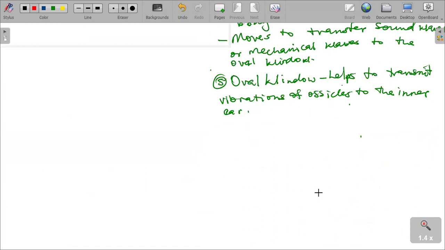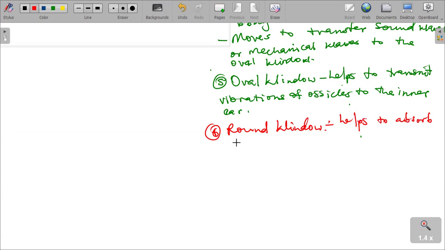The round window, number 6, helps to absorb the pressure that is set up in the inner ear.